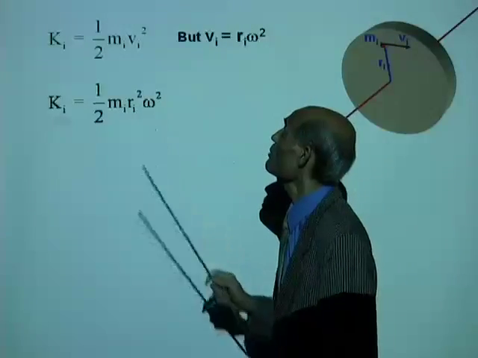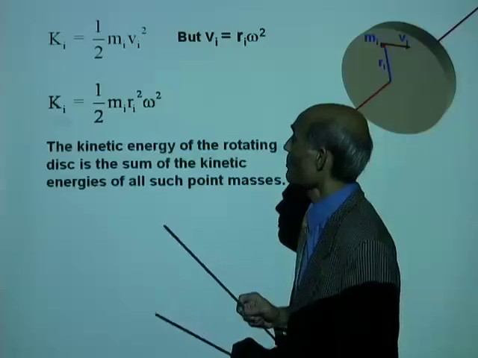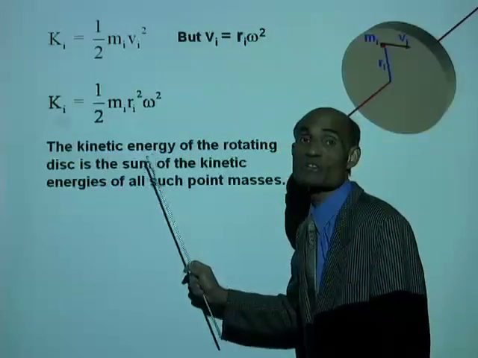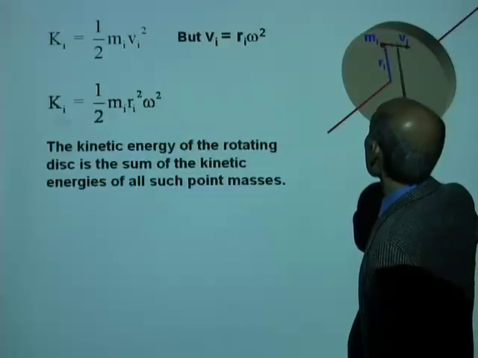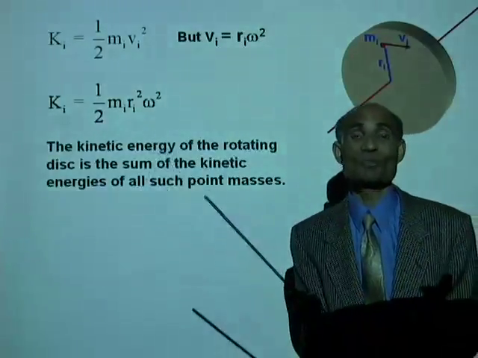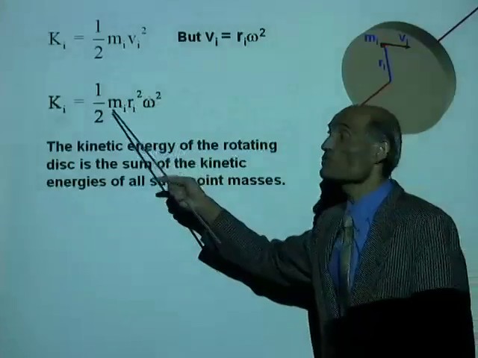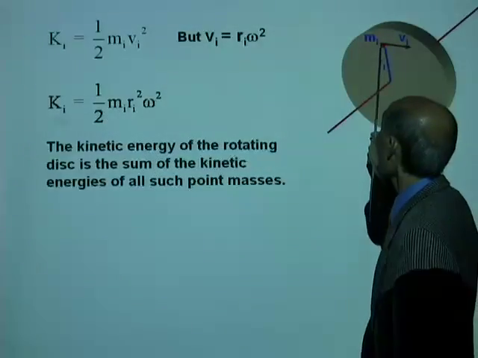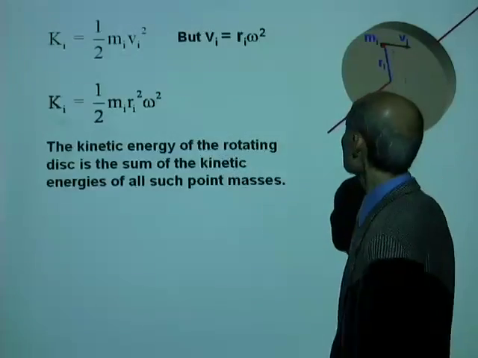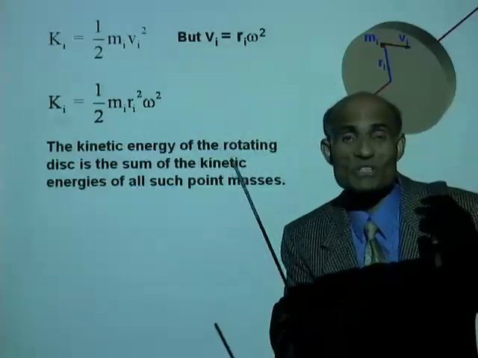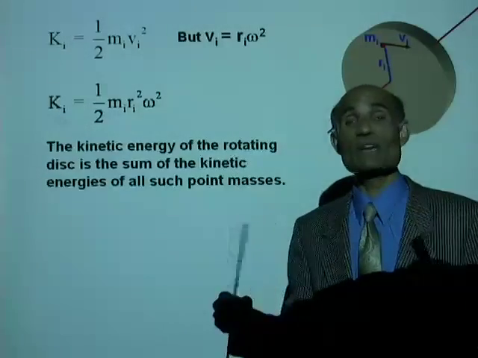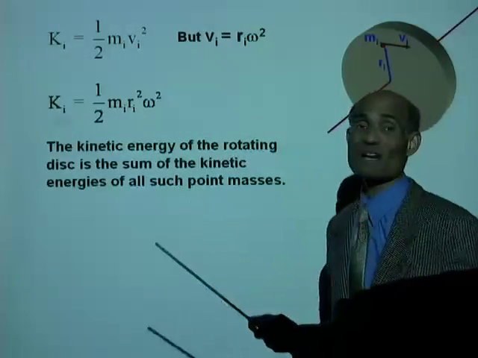Ri squared omega squared. Well, the kinetic energy of the rotating disk is the sum of the kinetic energies of all the particles which make up the disk. This is the kinetic energy of one particle. Therefore, the total kinetic energy of the rotating disk will be the sum of the kinetic energies of all such particles.